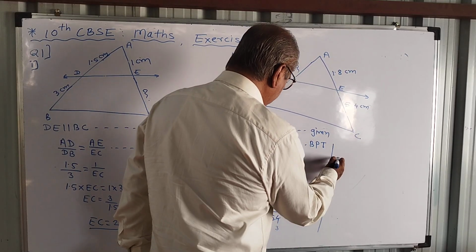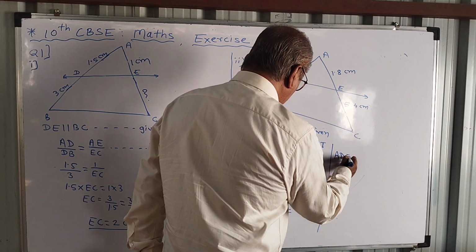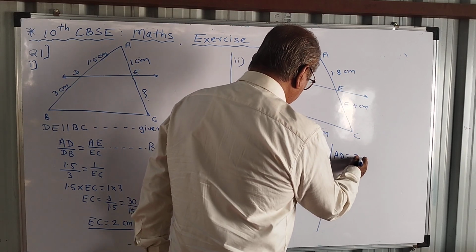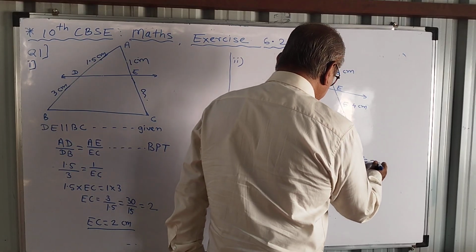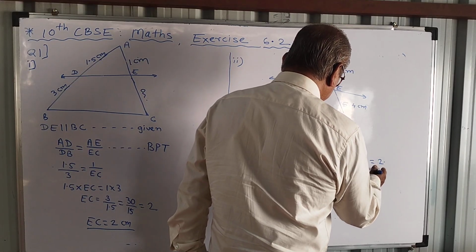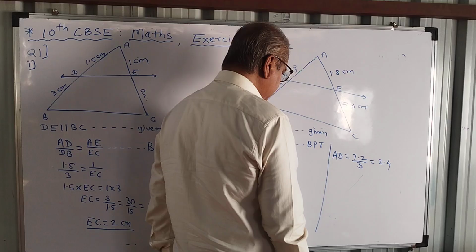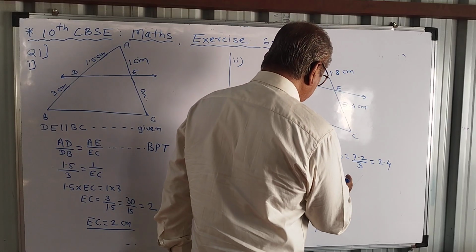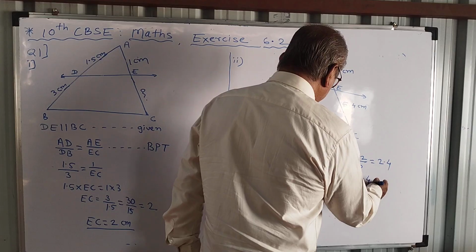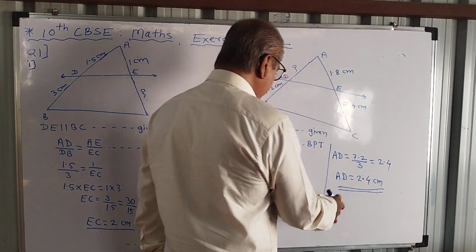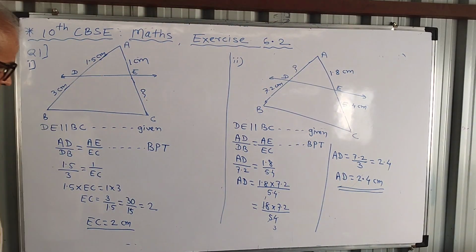So AD is equals to 7.2 upon 3. 3 2 is 6, 3 4 is 12. So AD is equals to 2.4 centimeter. So this is how we can apply the BPT.